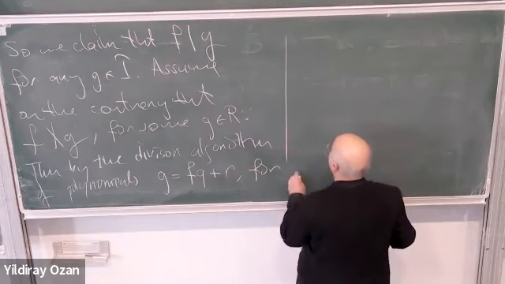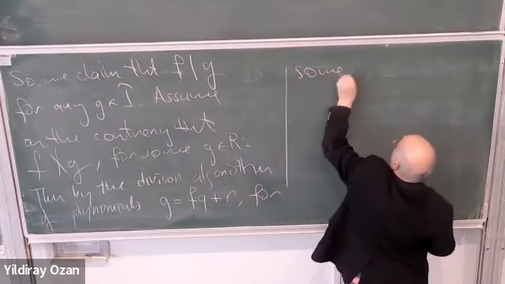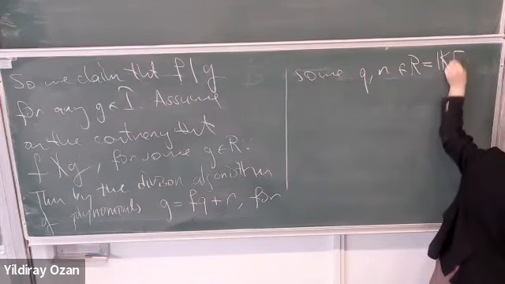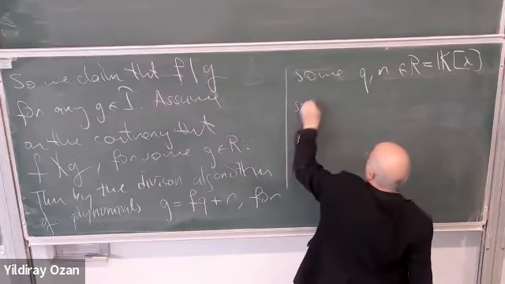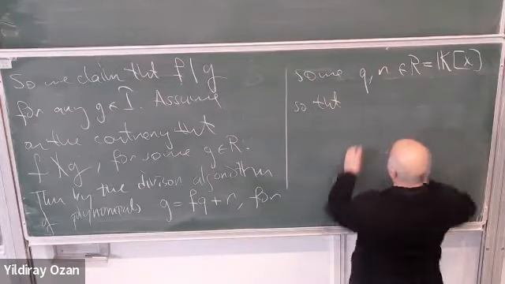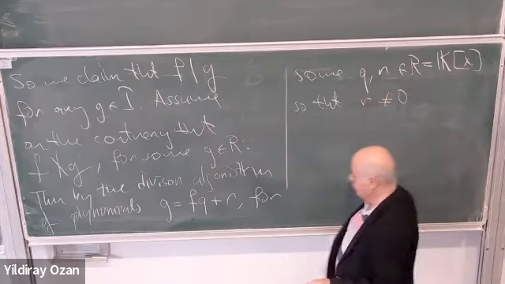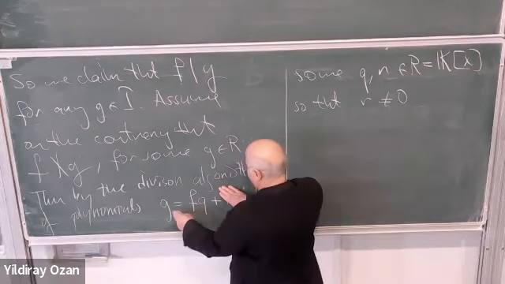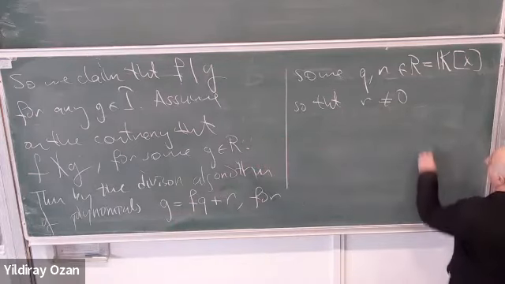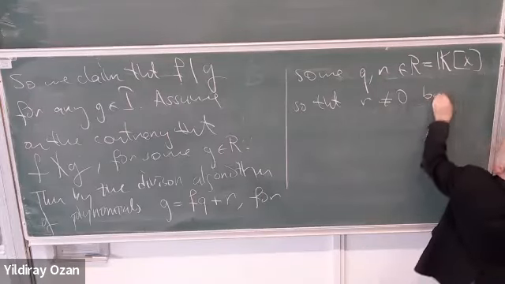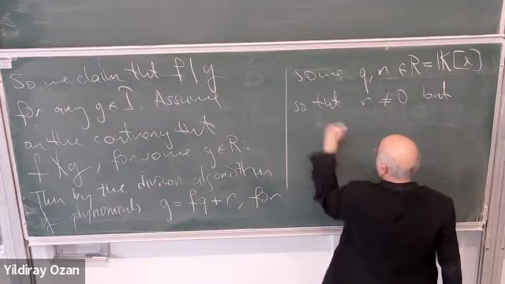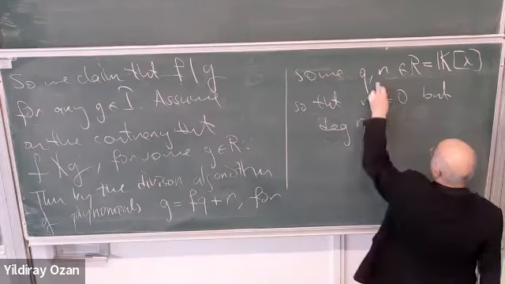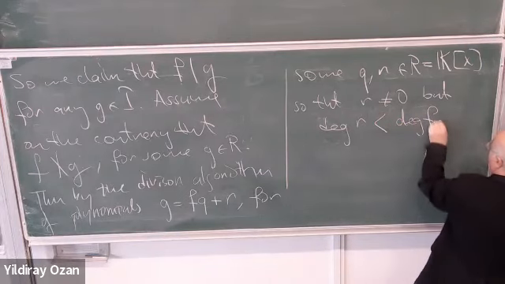G equals F times Q plus R for some Q and R in this polynomial ring, so that R is not 0, because if R were 0, then you would say that F divides G. So R is not 0, but the degree of R is less than the degree of F.